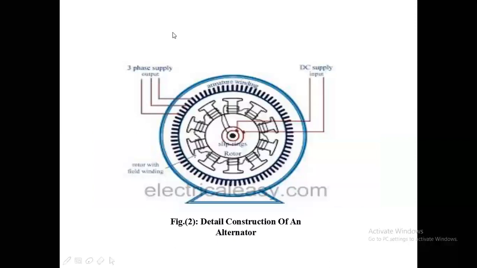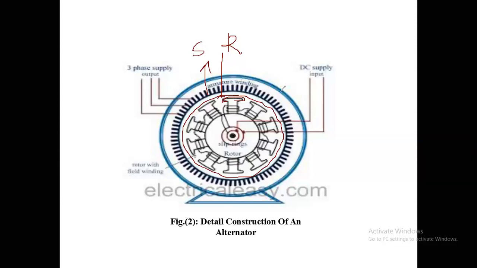Up to here, this is our rotor. You can see what type of alternator this is: a salient pole alternator, where the poles are projected. This is my rotor, and the outer part is my stator.